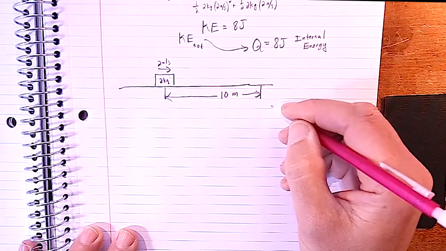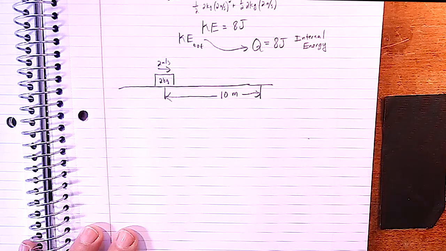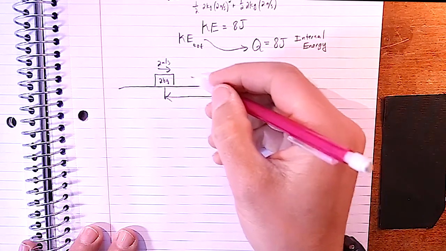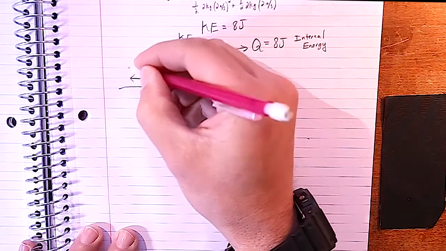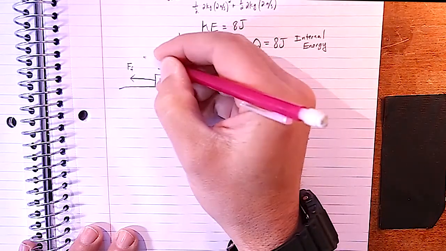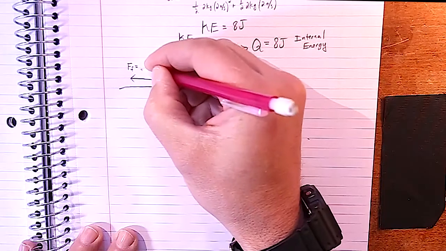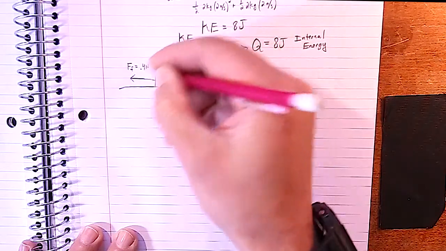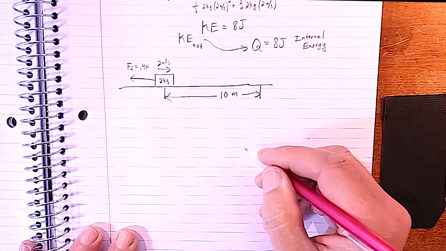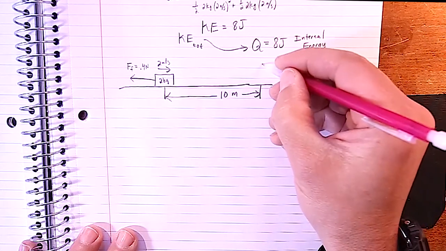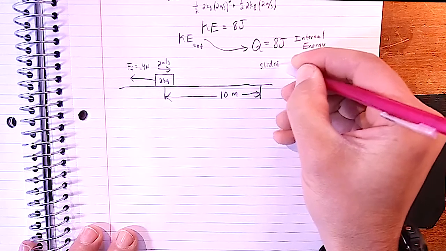Well, which direction would the force of friction be acting? Well, if it's slowing down and it's moving this way, then we know that the force of friction must be acting to the left. So the force of friction in this case would be 0.4 newtons. I just made that up, 0.4 newtons, so that we can figure out the work done. So we're going to say that it slides to a stop.